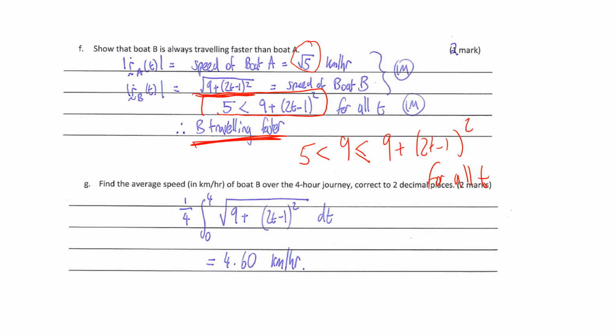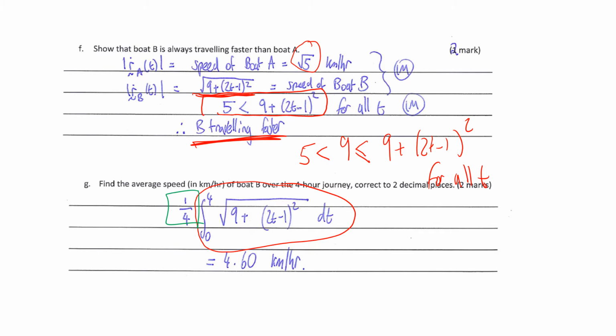All right, the last part of this section was just testing your understanding of average speed. Average speed is total distance divided by total time, average speed in kilometers per hour for the 4-hour journey. So there it is, there's your arc length formula. So we're integrating from t equals 0 to t equals 4 divided by the total time, which is 4 hours.